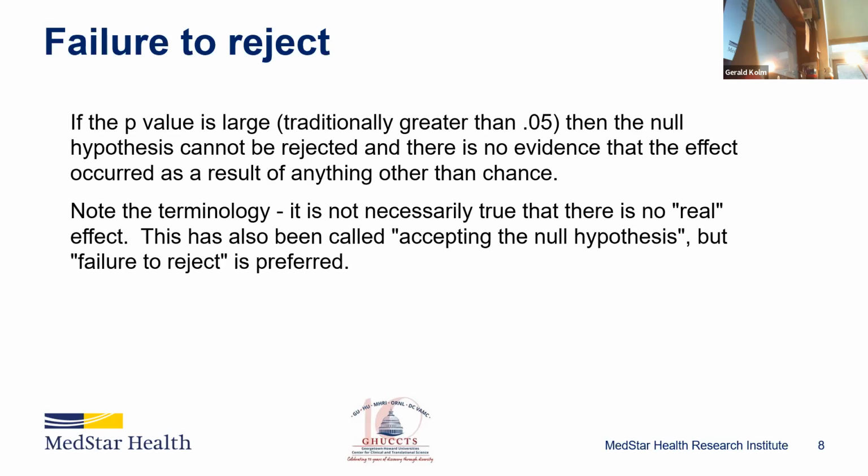And that doesn't necessarily mean that there isn't an effect, that there isn't a true difference in the population, but we haven't been able to detect it with our sample size. So sometimes if our p-value is greater than 0.05 or whatever you set it at, it's sometimes referred to as accepting the null hypothesis, but failure to reject would be the preferred terminology.